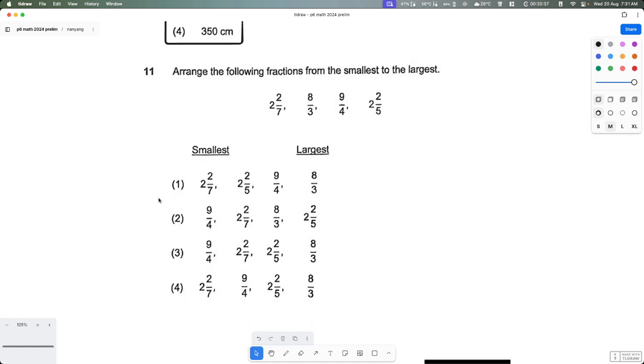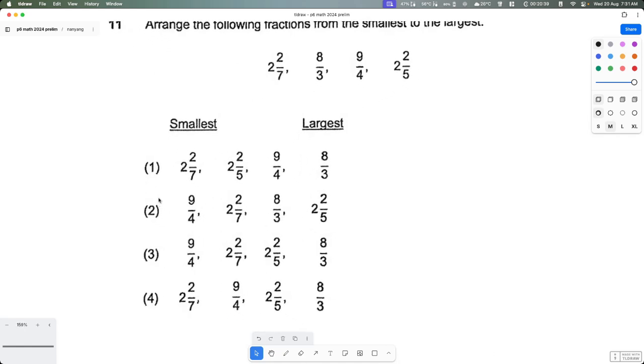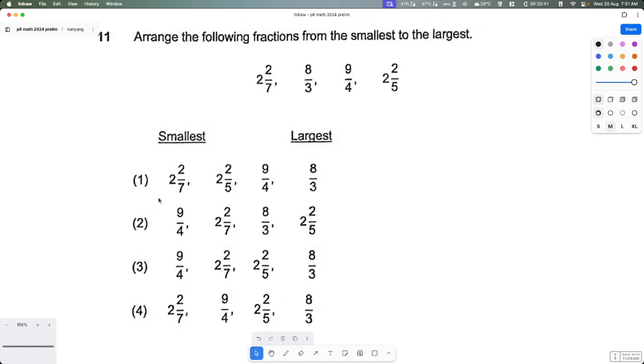Question 11. Okay, arrange the following fractions from the smallest to the biggest. Okay, so in this case, what we can do is we can make all of this into mixed numbers. Okay, so 8 out of 3. So if you divide 8 divided by 3, right?